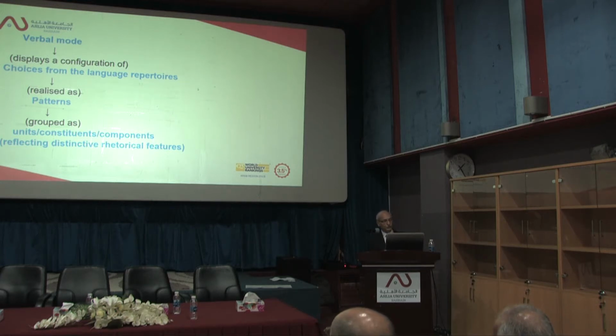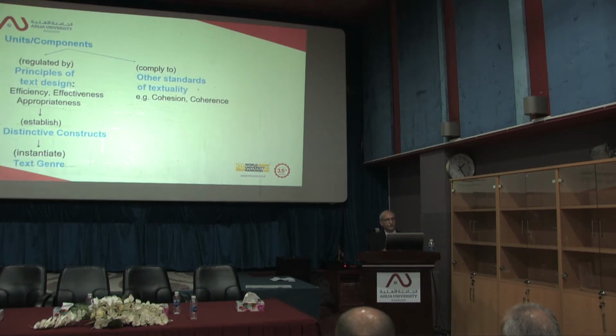Now, these units or components are regulated by principles of text design, efficiency, effectiveness, and appropriateness. They also comply with other constitutive standards or principles of textuality, such as cohesion and coherence. In this way, these units or components establish a distinctive construct that instantiates a text genre.